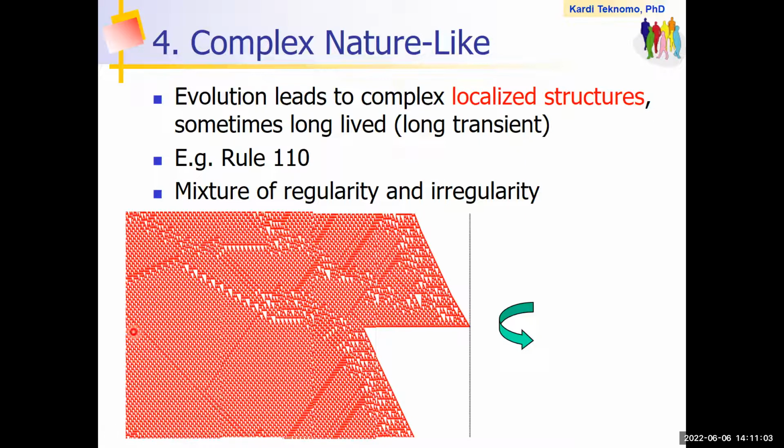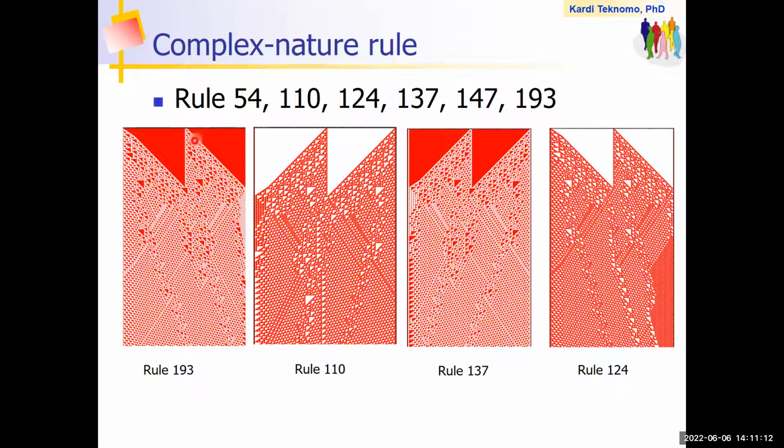There is a regularity sometimes here, and then there are some randomness, irregularity. The same thing with these rules that I put here: rule 193, rule 110, rule 137, rule 124. You see all of that similar to nature.